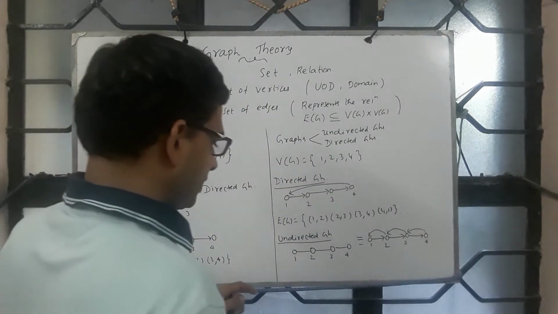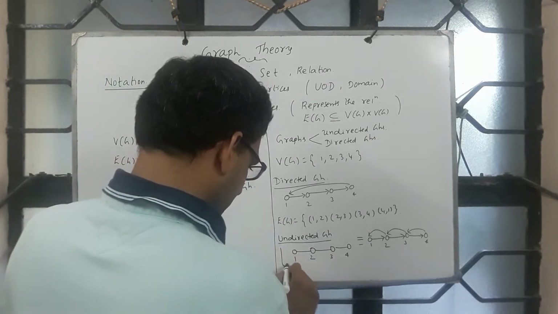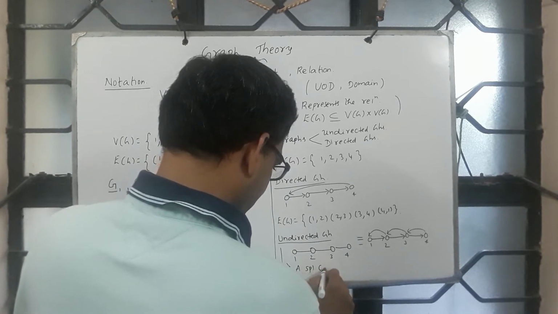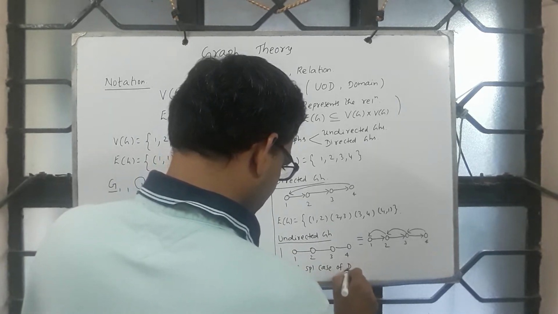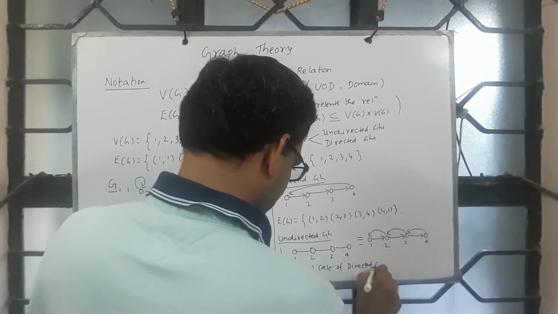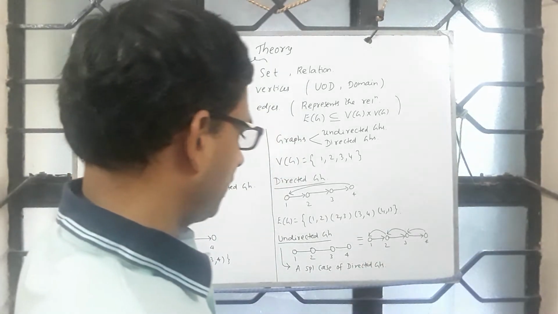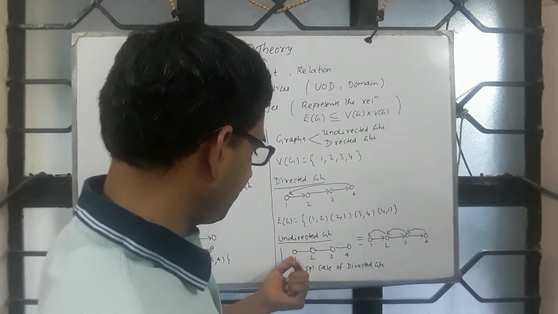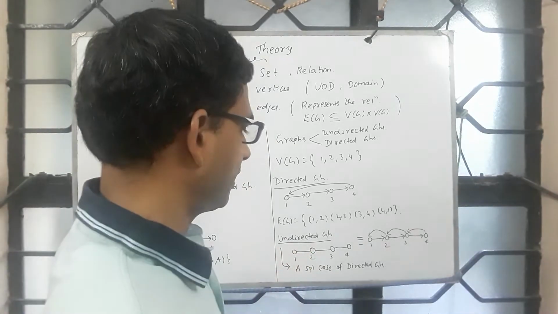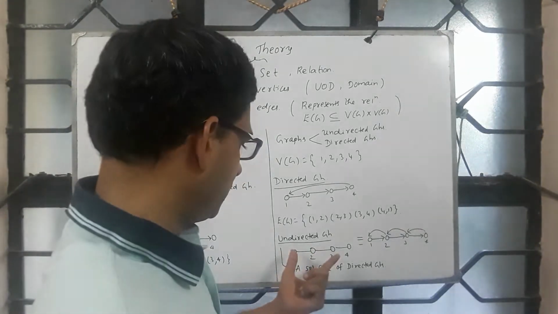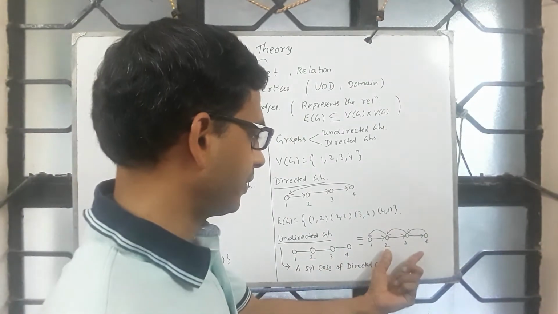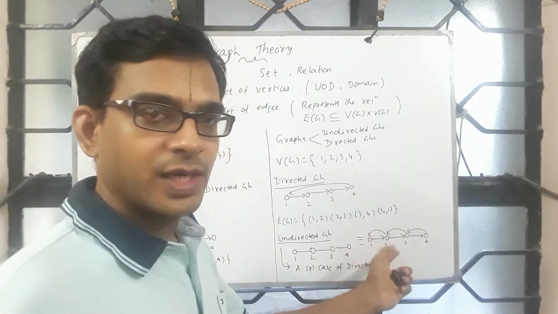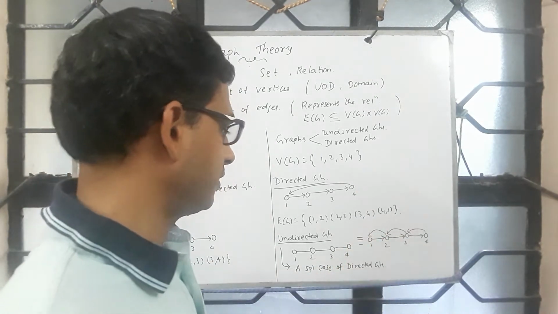So undirected graphs are a special case of directed graphs, wherein the edge between A and B is precisely a directed arc from A to B and another arc from B to A.